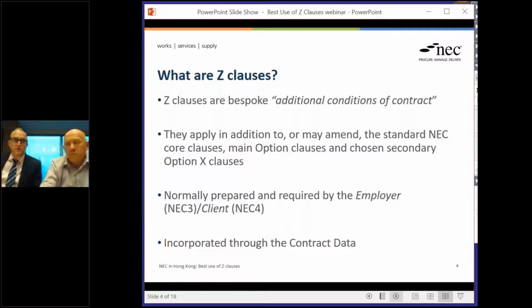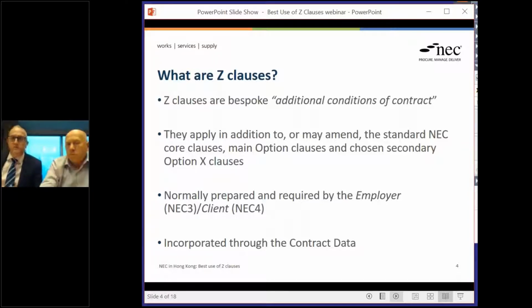They are what the parties specifically draft to go into the NEC contract, and they apply in addition to, or may amend, the standard NEC core clauses, the standard NEC main option clauses, or X clauses as well. They can have either of those functions, but they're generally thought of as additional conditions of contract.